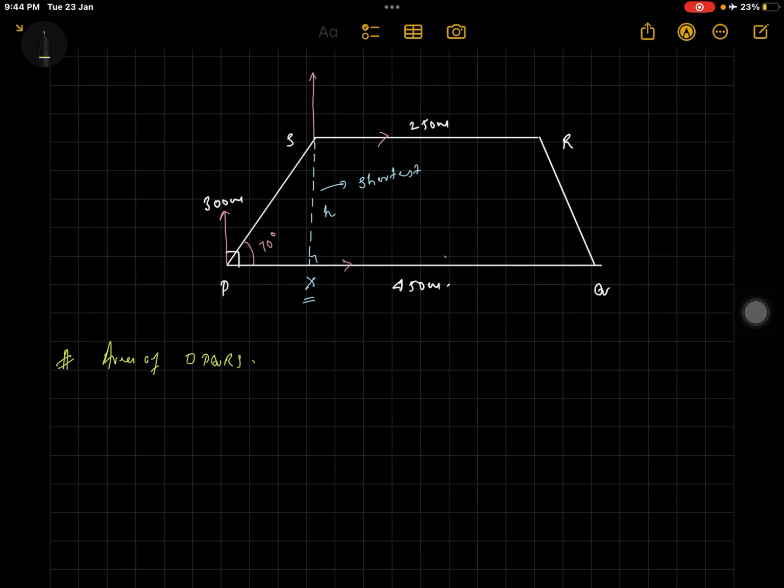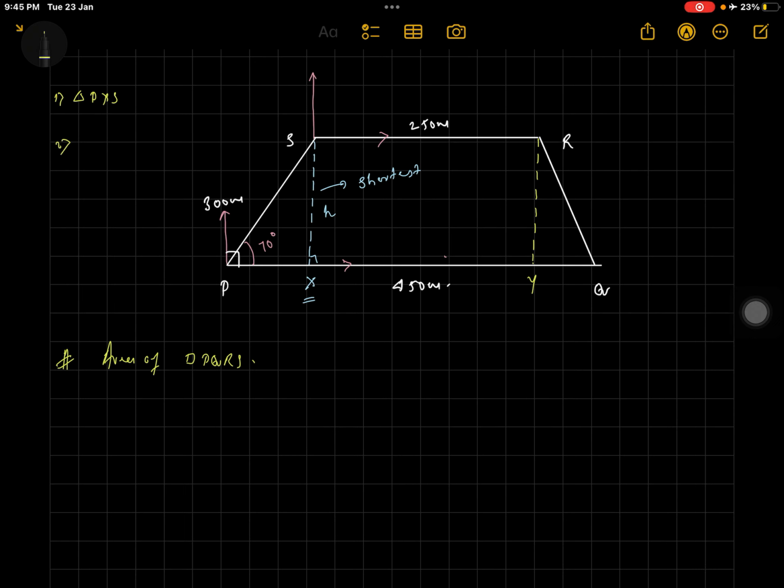Here I'm going to make this perpendicular from the point R as well, and this will break down the figure into three zones. Let me call this point Y. The left extreme is a triangle, that is PXS.